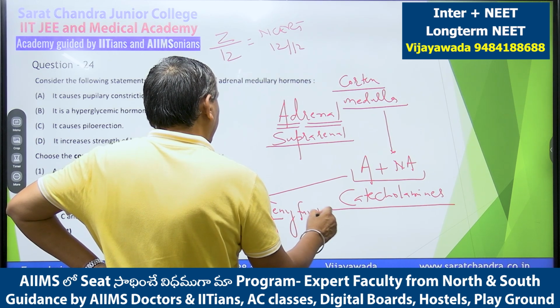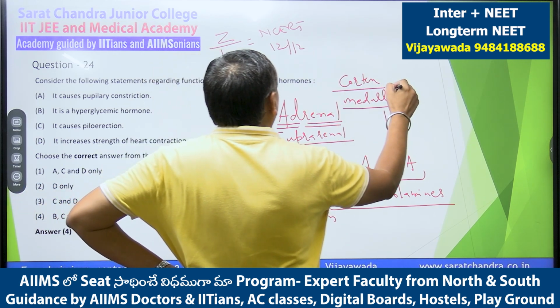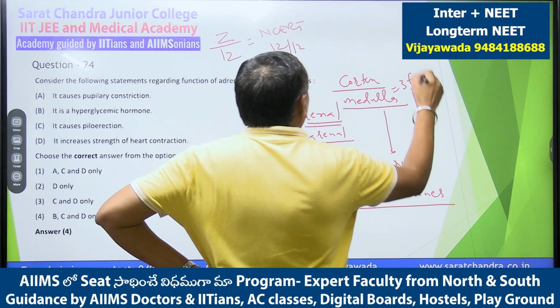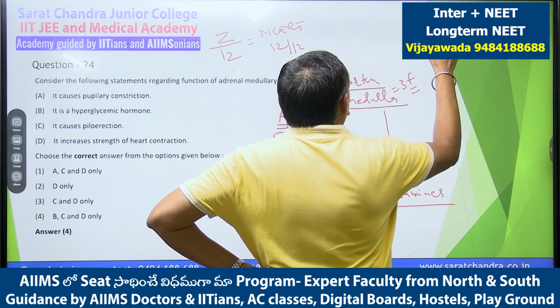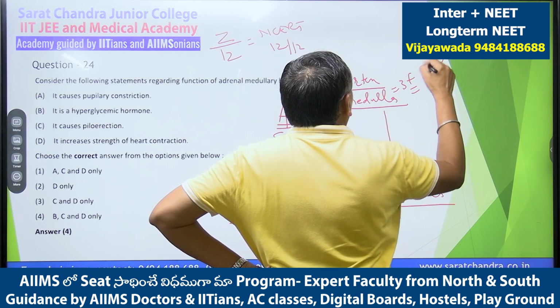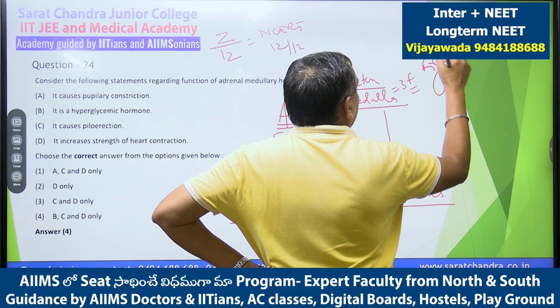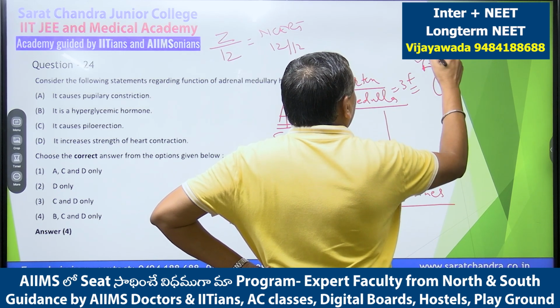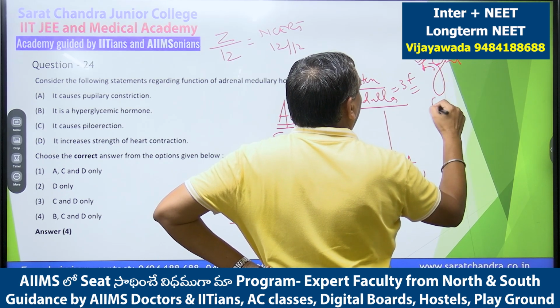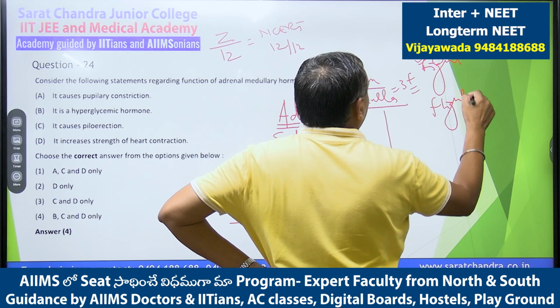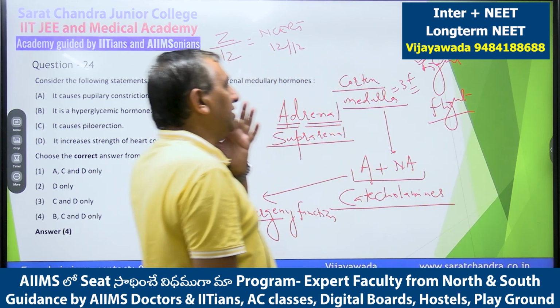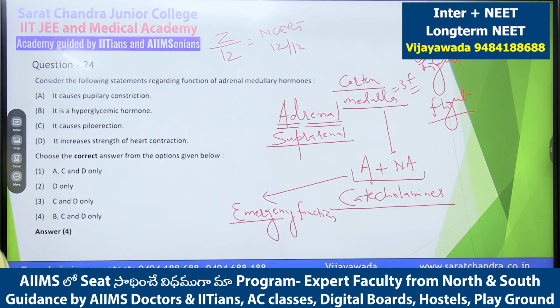That is why adrenal medulla is known as the 3F gland. What is fight? Fright means fear. Fight, and flight at the time of flying. In these three adverse conditions it gets activated.